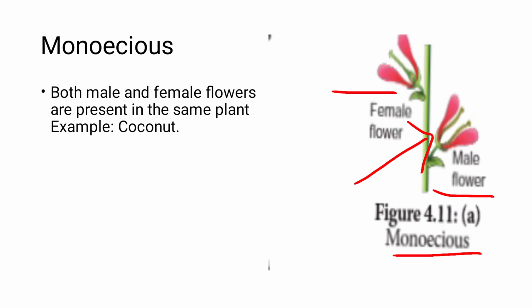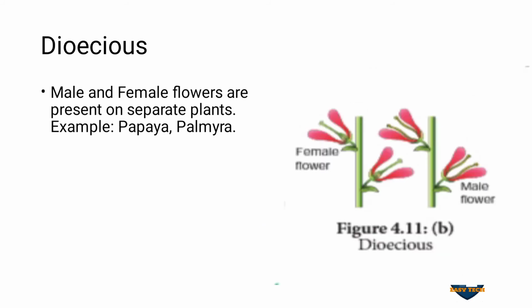Example, coconut. In the upper portion you have the male flowers, and lower you can see a small tender coconut-like structure, that is the female flower. So in the same plant you can see the male and female flowers. Then that plant is called monoecious.